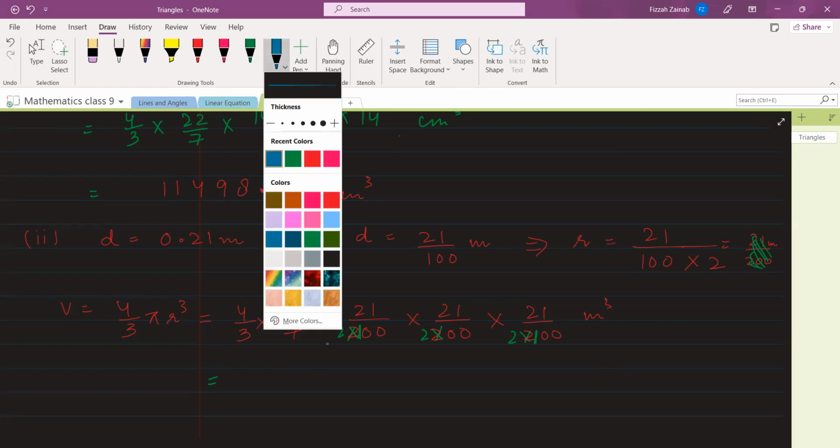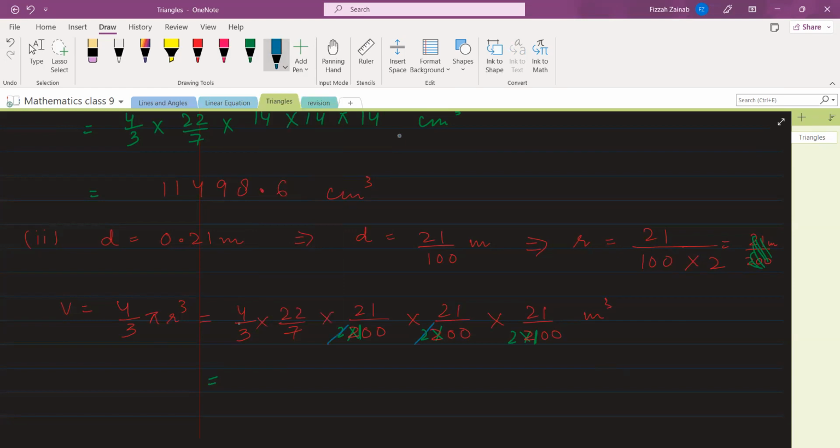So 2, 2, and then this 4, gone. Now with this 1, 2, so 2 into 1 and 2 into 11, right? Now 3 into 1 and 3 into 7. With this 7 is gone. So now you only have 11 into 21 into 21, and then you have 100 into 100 into 100 meter cube.